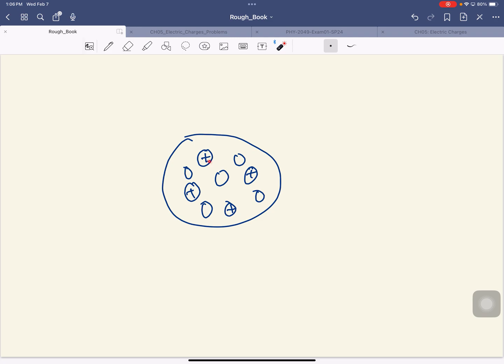So here are 2 protons quite close by. Why aren't they repelling each other and flying apart? Because they're too close to each other? Well, the closer they are, the stronger the force. Remember Q1 Q2 divided by R squared. So the smaller R is, the bigger the force is.